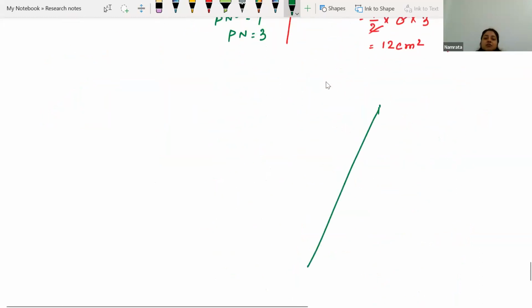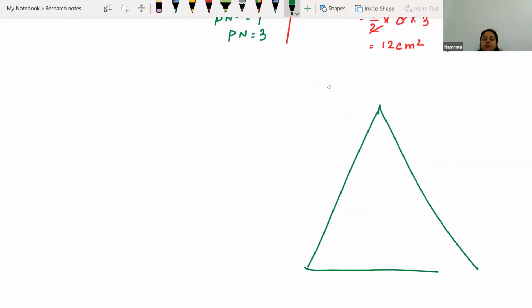Because you can see here, let's say we have an equilateral triangle ABC, and I am saying sides AB, BC, CA are all the same. If we drop a perpendicular over here, let's say the name of the perpendicular is AM.